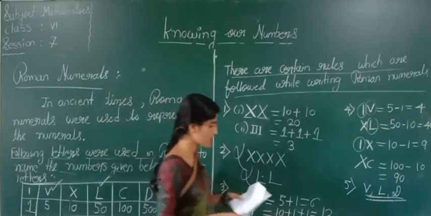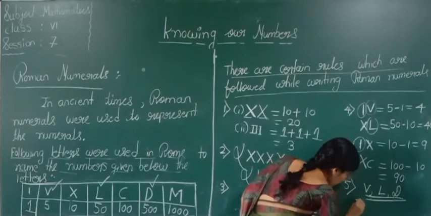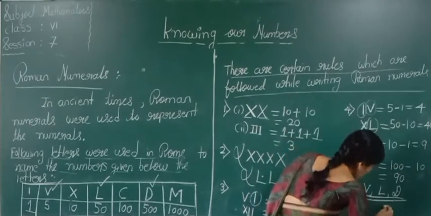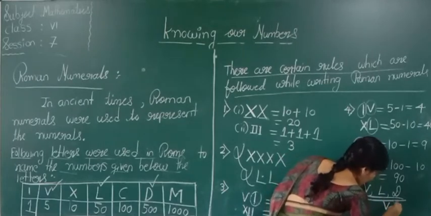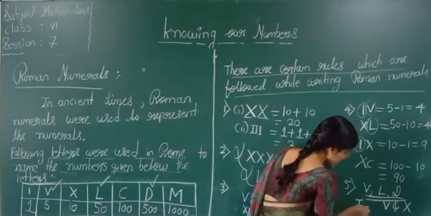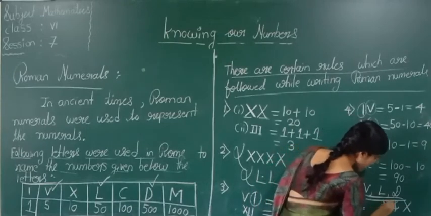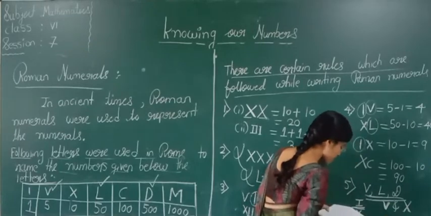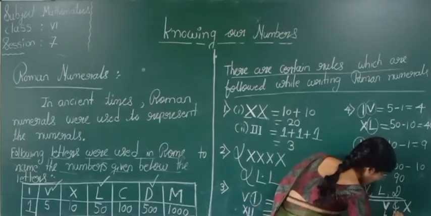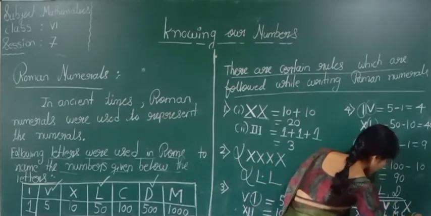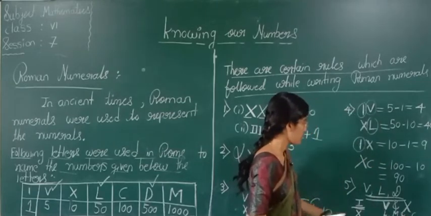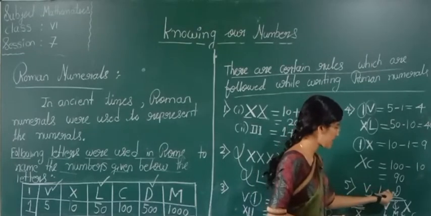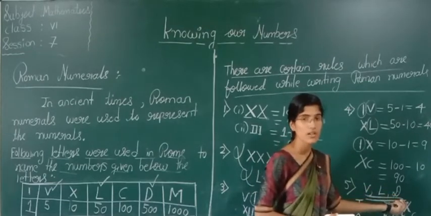Now see here, again the symbol I is there, no? The symbol I can be subtracted from V and X. And the symbol X can be subtracted from L, M and C. Now see here, the fifth rule tells us that the symbols V, L and D are never written to the left of a larger symbol.